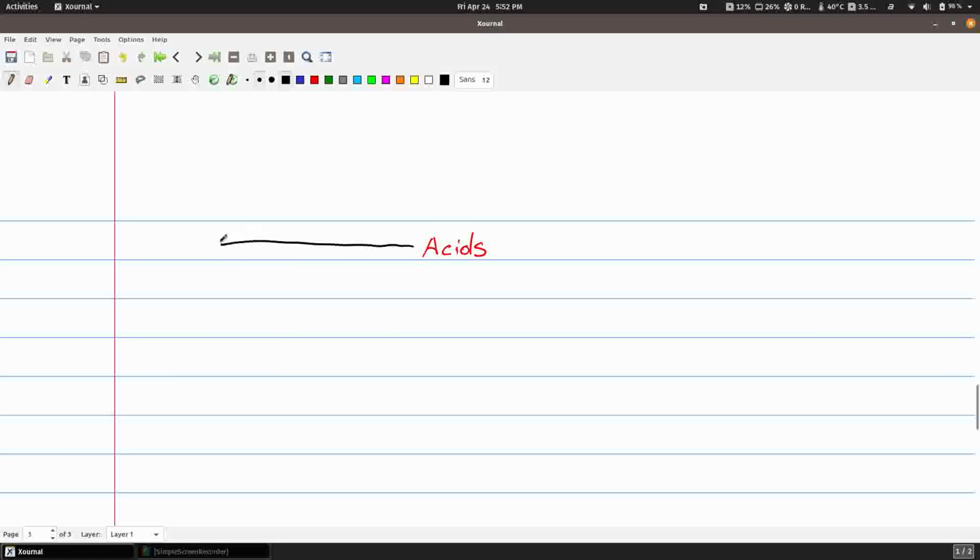Let me fix that arrow. Okay, so we have strong and weak.